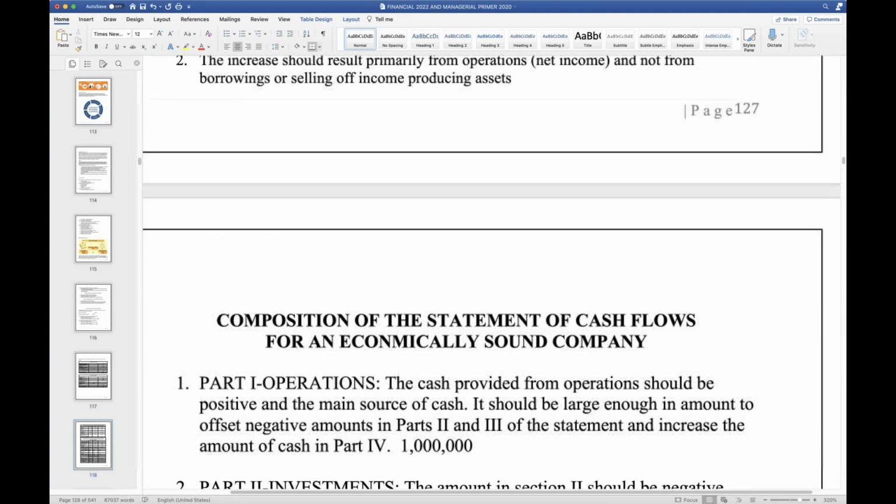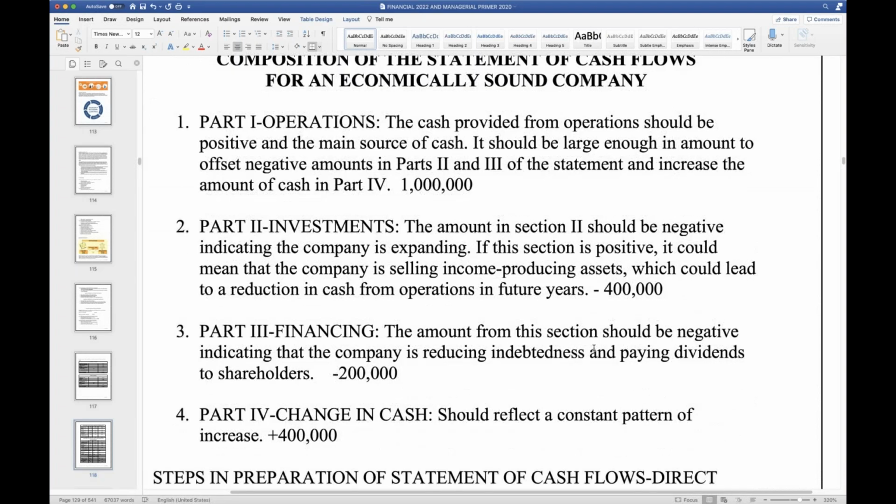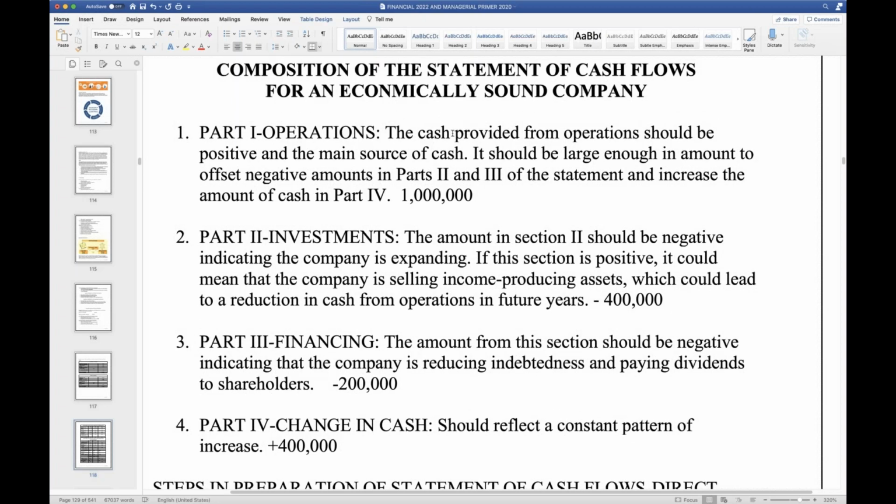And so we said when there's a cash flow statement for a company, this is the key thing to know, that a company is supposed to get its cash from operations, from its sales and its current assets and its current liabilities. That's where the cash is supposed to be.